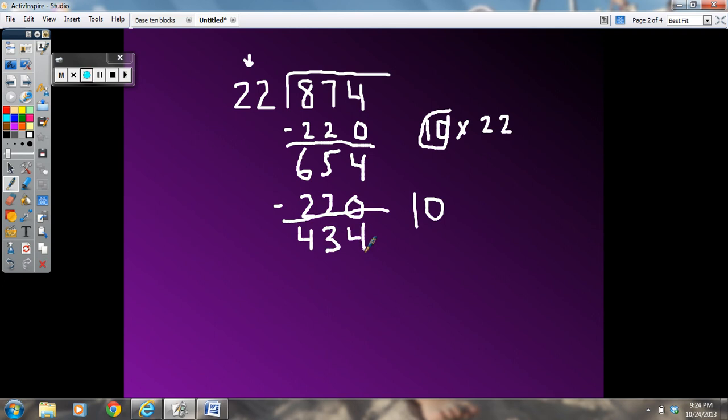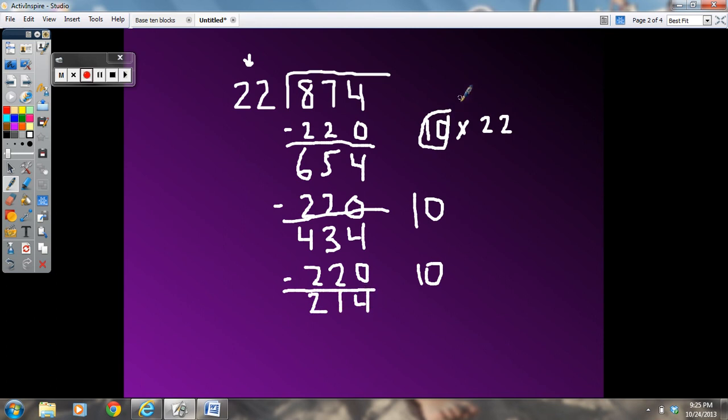Once again, I ask myself, can I make another 10 groups of 22? If I have 434 blocks and 220 of them would be used if I made 10 groups, I certainly can make 10 more groups. So I'm going to subtract 220 once again from the 434 ones blocks that I have, and now I am left with 214 blocks.